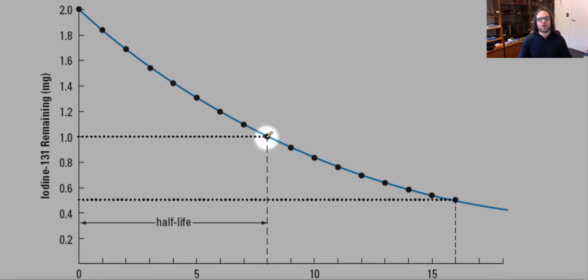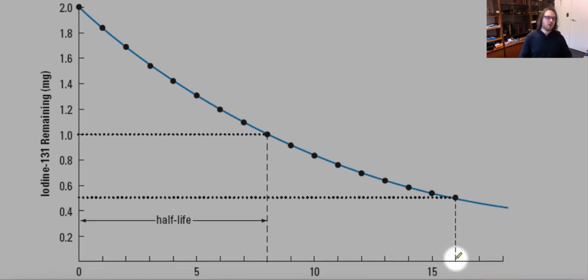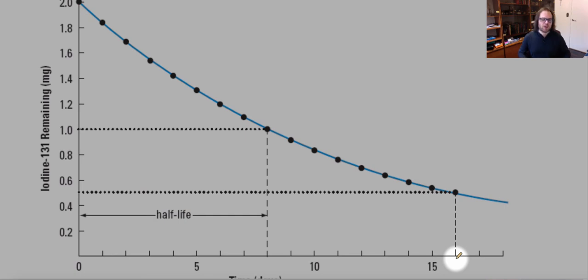Then we trace across, and we go down to where it hits the graph. We end up getting 8 days. So 8 days is approximately 192 hours, and that's going to be my half-life. Then I look at half of that, which is 0.5, and I go all the way across, and then down to where it hits, and I end up getting 16 days, which is nicely working out. So my half-life is halving every time.